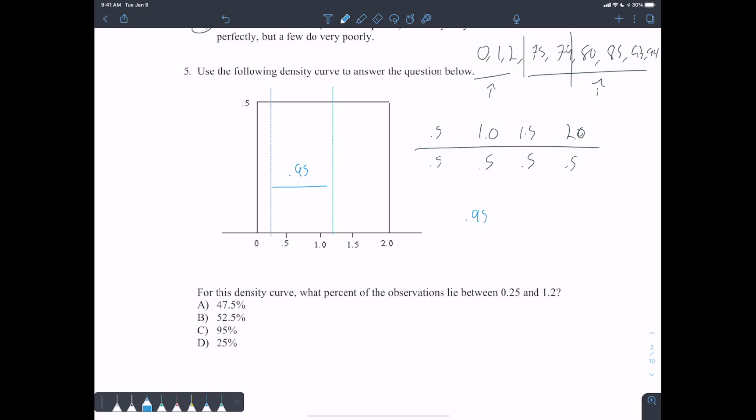So 0.95 out of 2, which is our total, is going to give you 0.475, which equates to 47.5%, which is our answer A. Let me do that in gray to be consistent here.